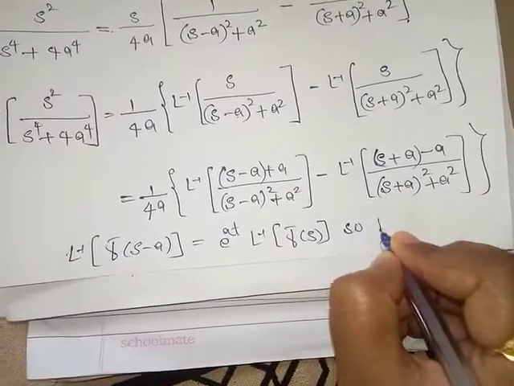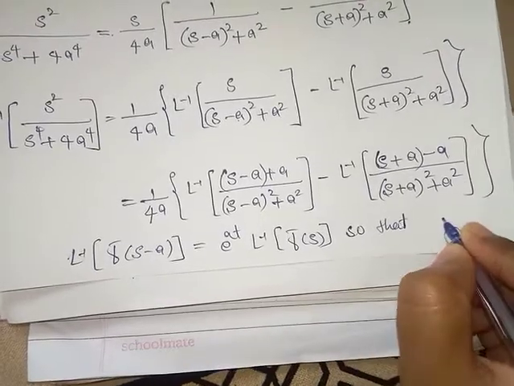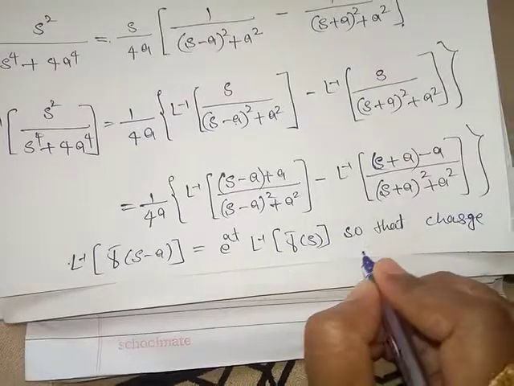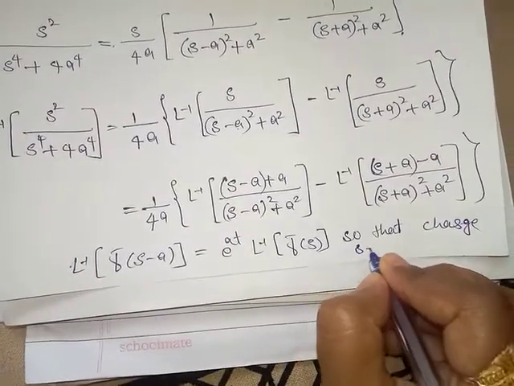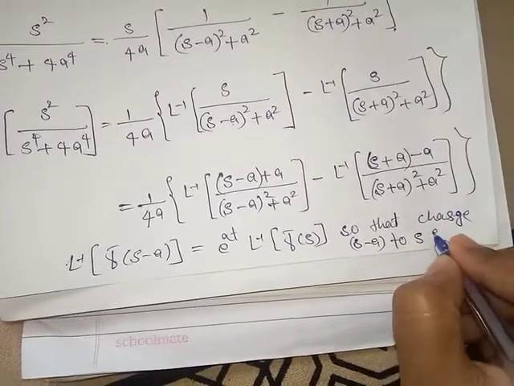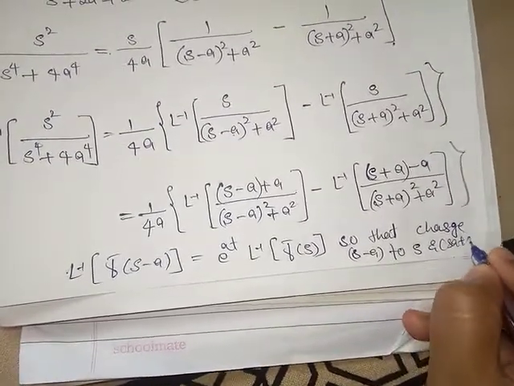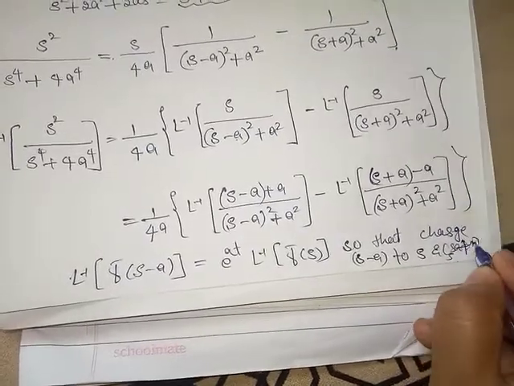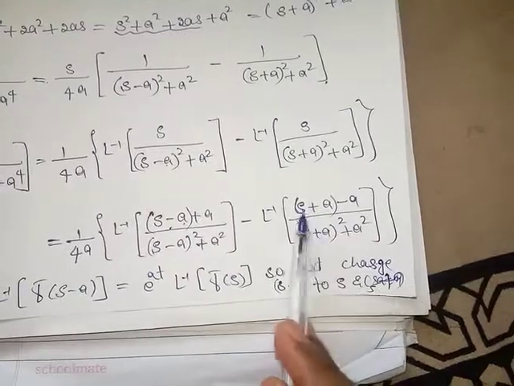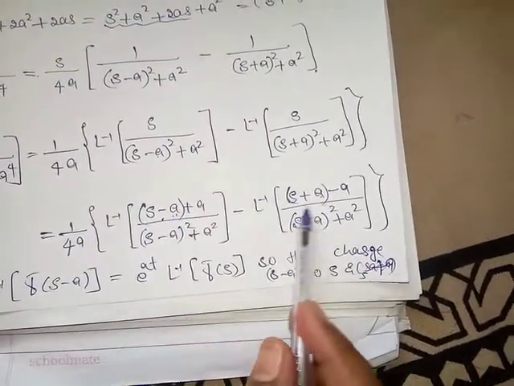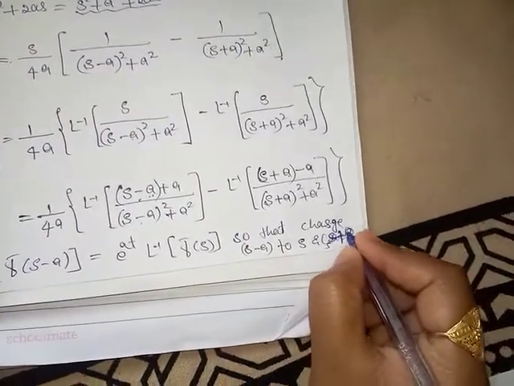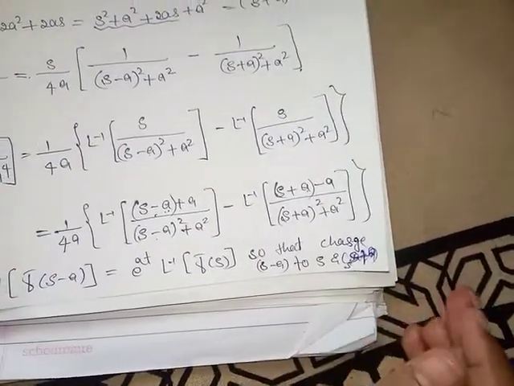So change s minus a to s and also s plus a to s, because in the first term I have s minus a, here s plus a, this will be s, and this is also s.